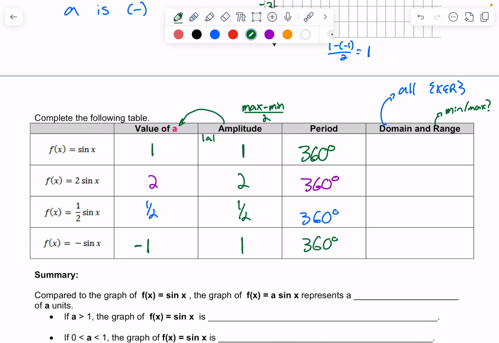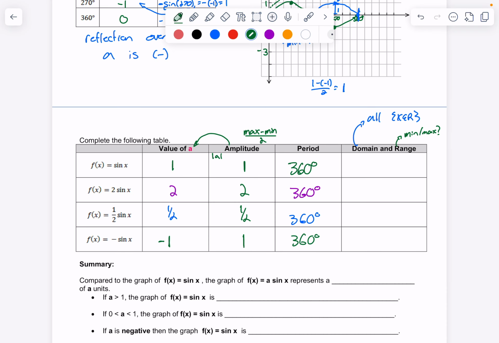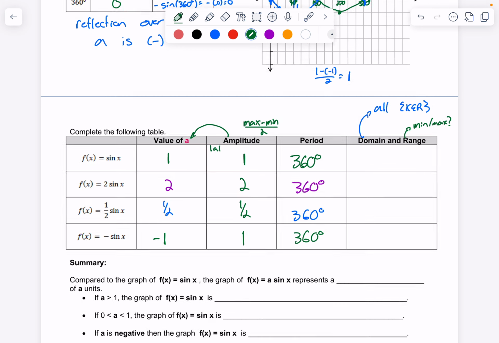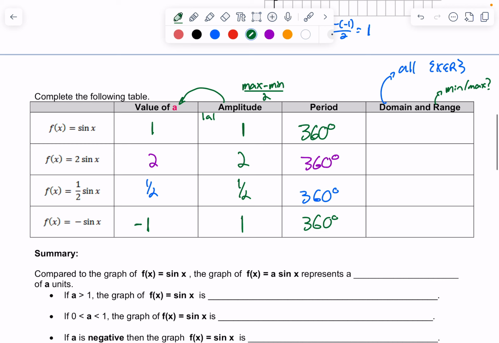So ask yourself, when I have these stretches and compressions, am I changing the value of my maximum? Another way to think of it is, are my amplitudes any different here? Because remember, those are the distance between max and mins. And yes, your amplitudes are changing.